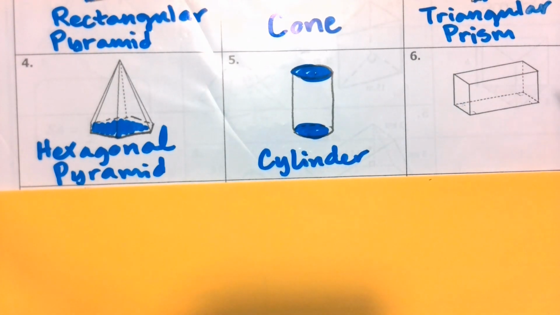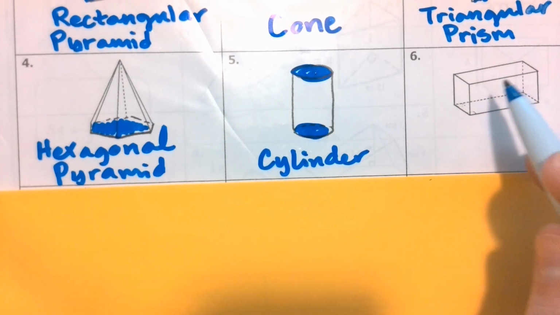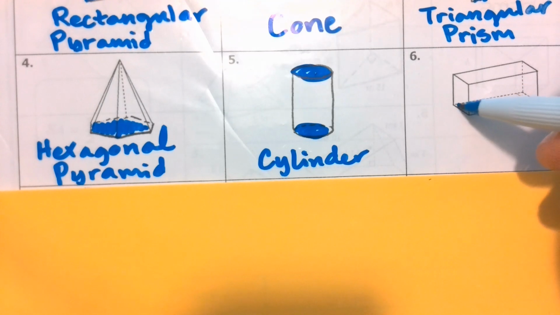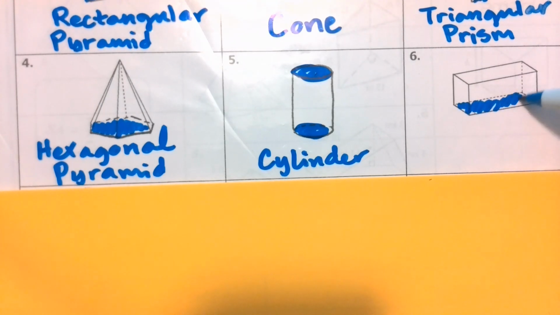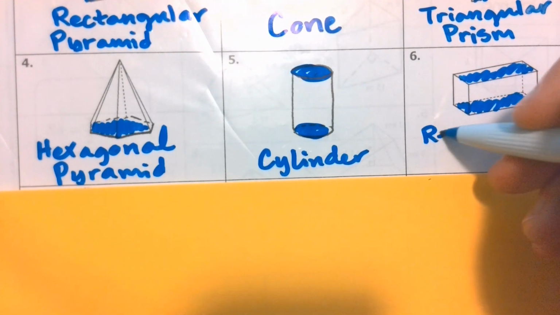And then number 6, it kind of depends how you're looking at this. Technically the bases could be the bottom and the top, it could be the front and the back, it could be the left and right sides. I'm going to go ahead and make the bottom and the top our bases. And in that case, it is a prism. But in this case, if those are my bases, it's going to be a rectangular prism.